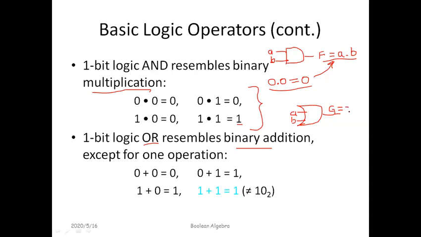The general expression here is A plus B. So the plus denotes the OR operation. So if switch A is left open and switch B left open, we don't expect an output.